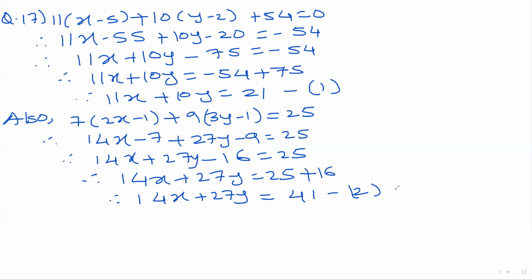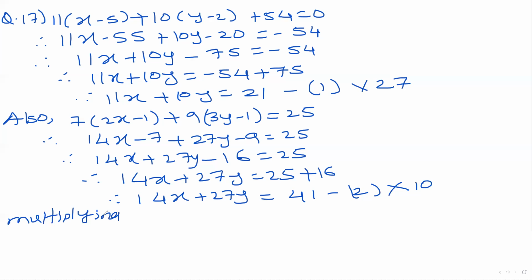There is no other number. Okay. Yeah, that's okay. That is what we need to do. So you have to multiply equation 1 by 27 and equation 2 by 10. Let's do it.